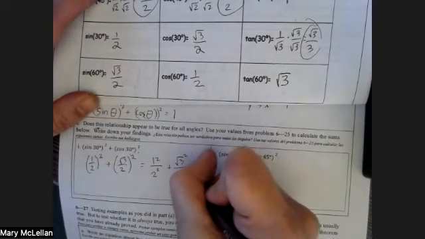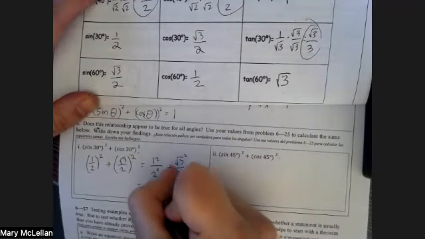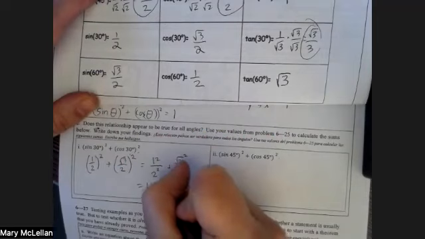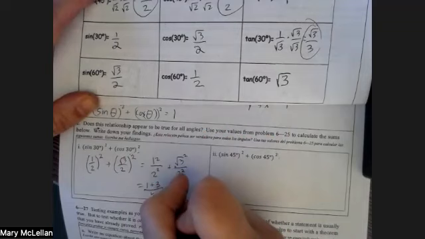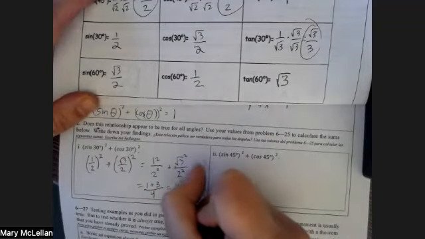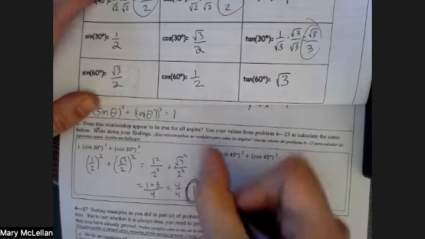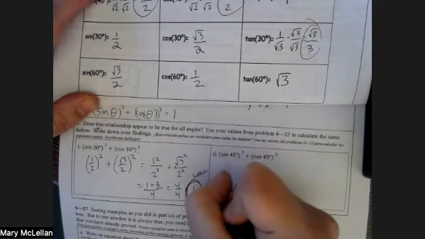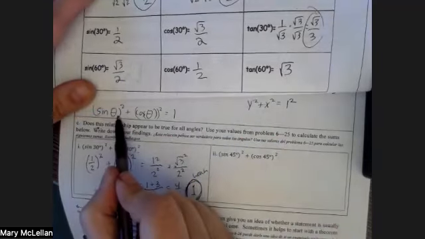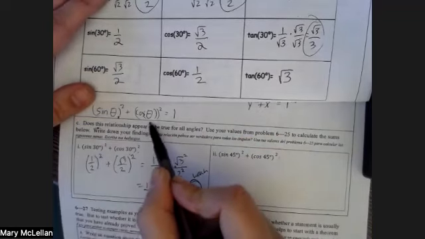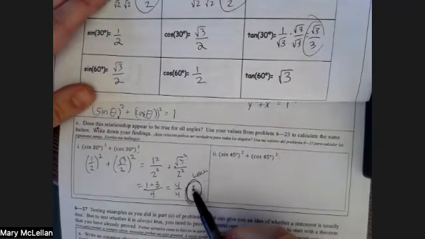So this is 1 squared over 2 squared plus root 3 squared over 2 squared, which is 1 plus 3, because root 3 squared is just 3, over 4, which is 4 over 4, which is 1. Whoa! So this statement, sine of theta squared plus cosine of theta squared is 1, is true when theta is 30 degrees.